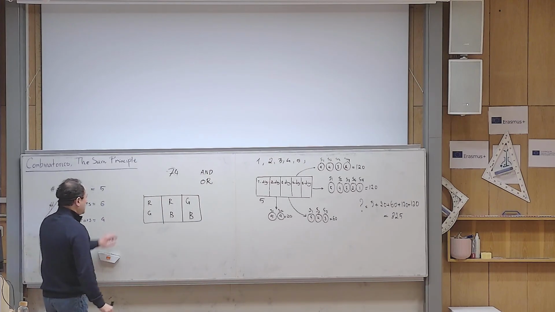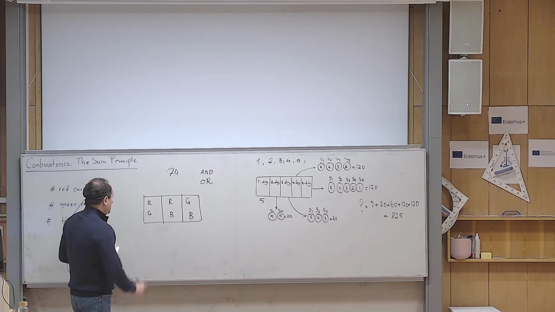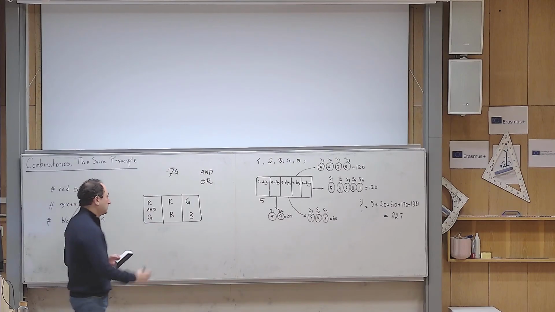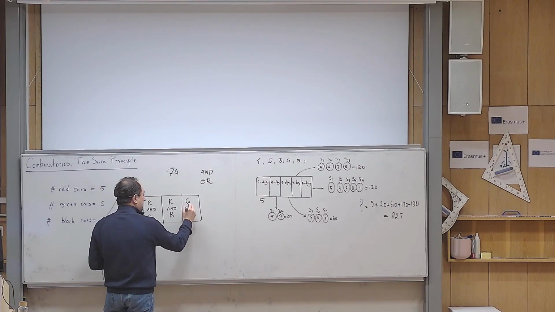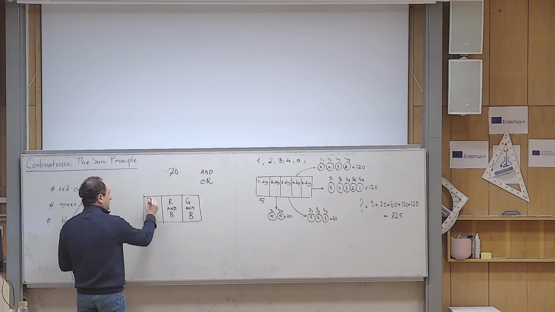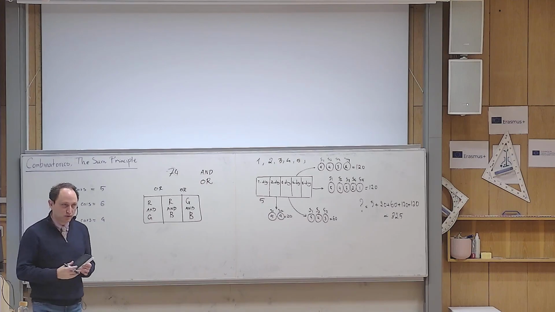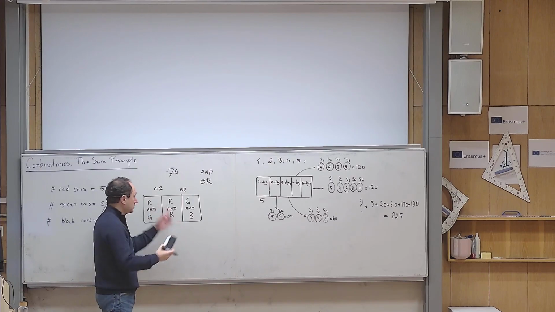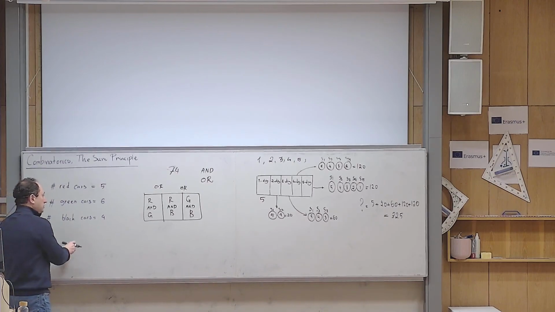So one option in front of me is to choose a red car and a green car, or a red car and a black car, or a green car and a black car. So from here to here, I say "or". Okay, so that's also good to have in mind. So usually "and" refers to the multiplication rule, and "or", if interpreted correctly, refers to addition, the sum rule. So yes, you are right.